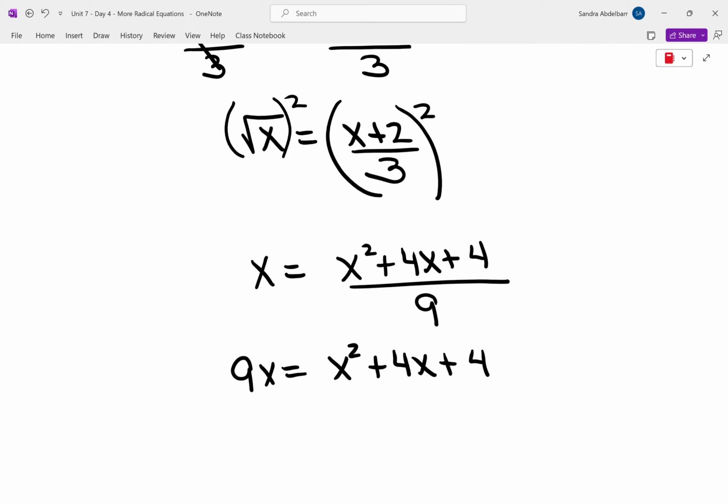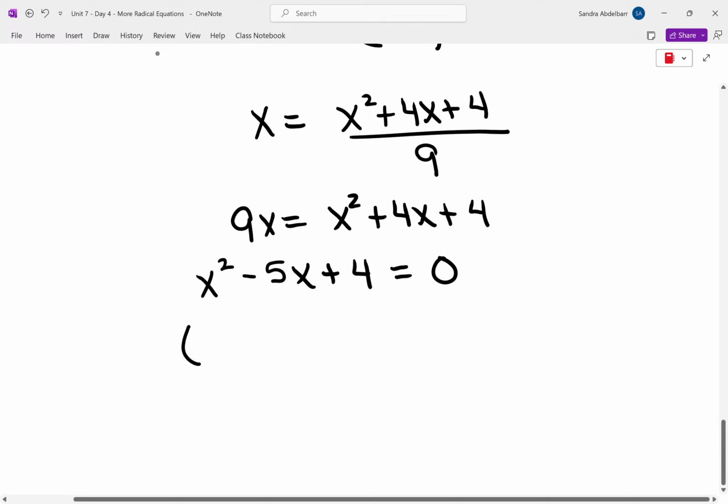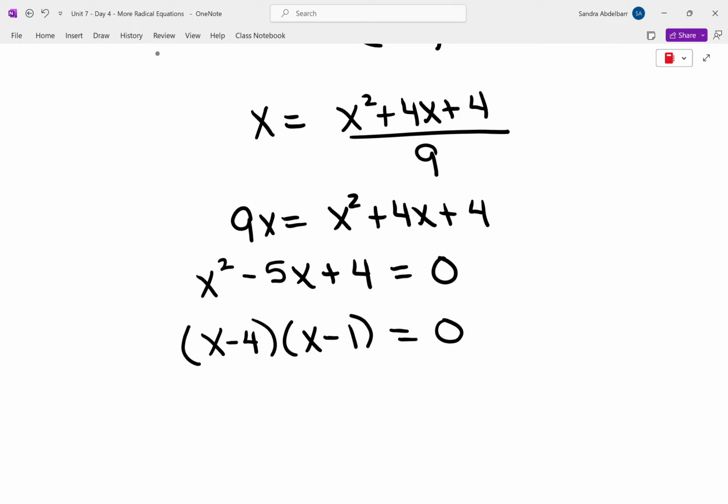We're going to have to factor, so I'm subtracting that 9x. So we are x squared minus 5x plus 4 equals 0. When we factor, we get x minus 4, x minus 1 equals 0, and x will equal 4, x will equal 1.